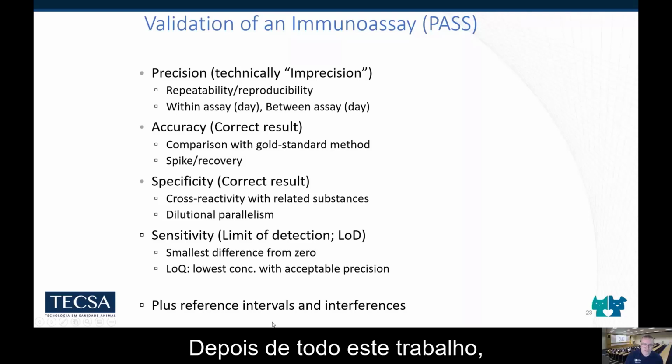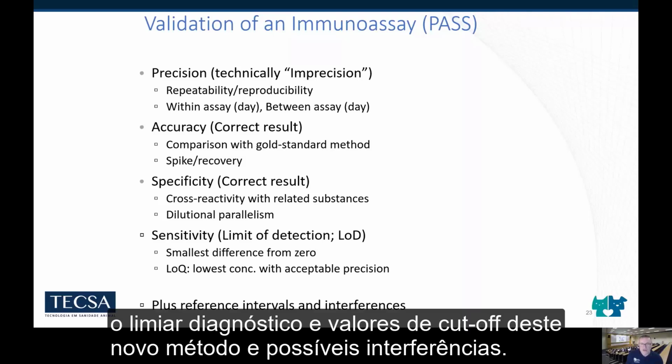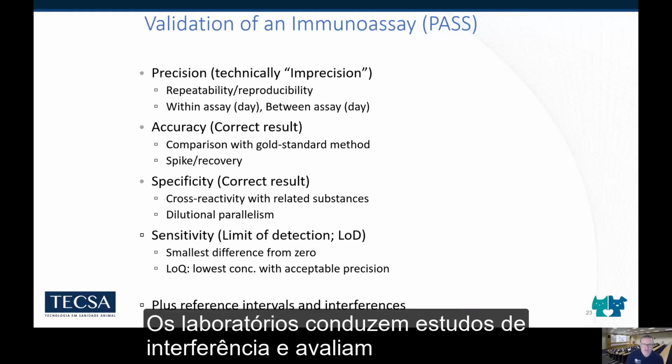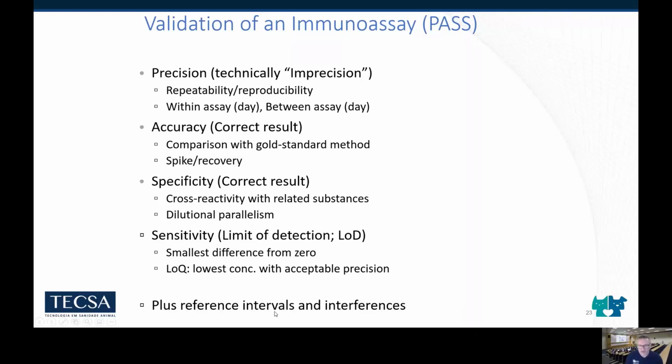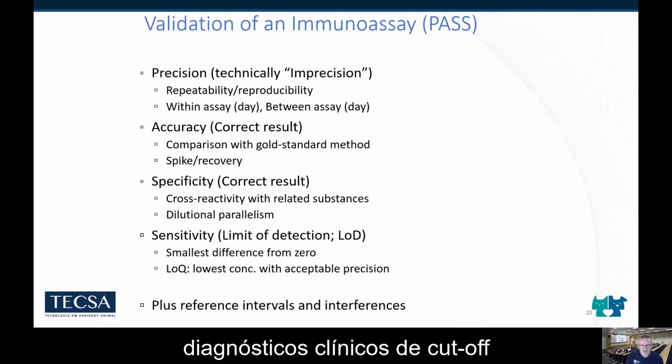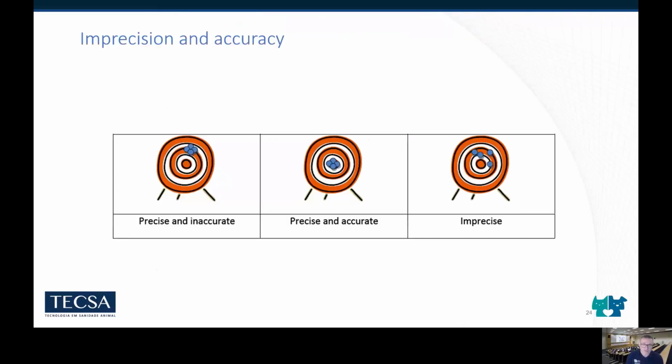And then after all this work is done, ideally then we would go and check what our reference intervals would be with this new method, what our diagnostic threshold and cutoff values would be with this new method, and any interferences. So most labs will go through some interference study and they will look at some reference intervals, but some of those diagnostic clinical cutoff values, laboratories are not really in a position to reevaluate those.